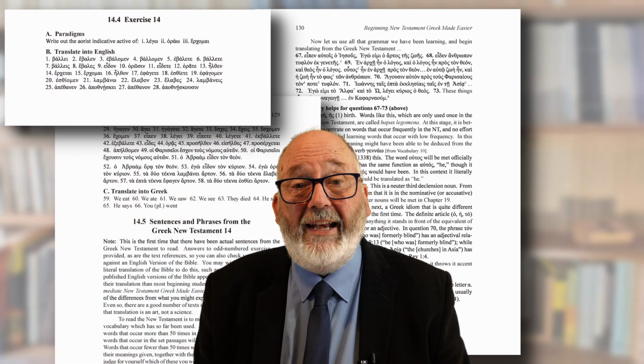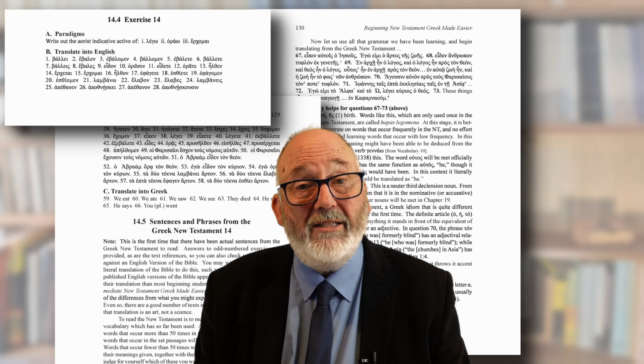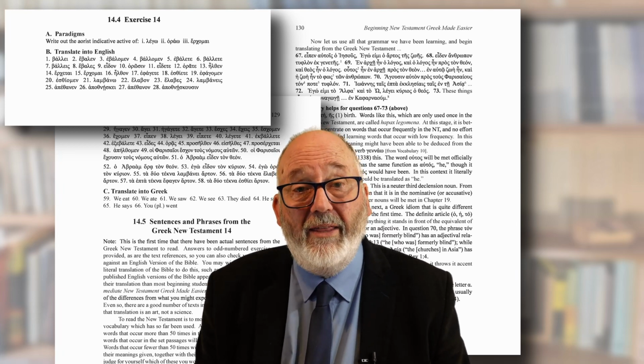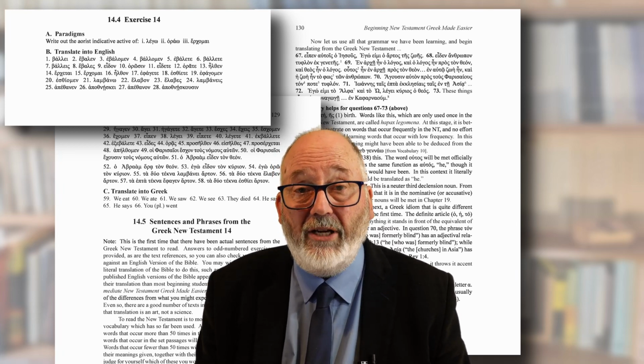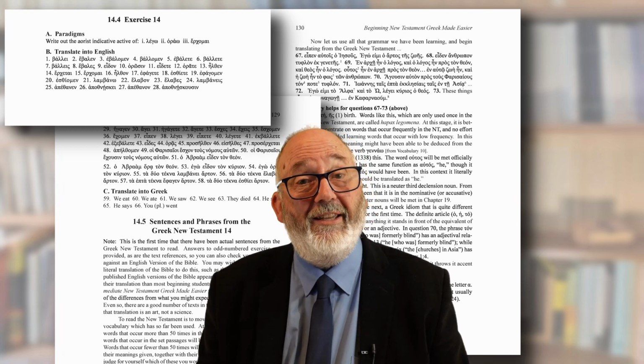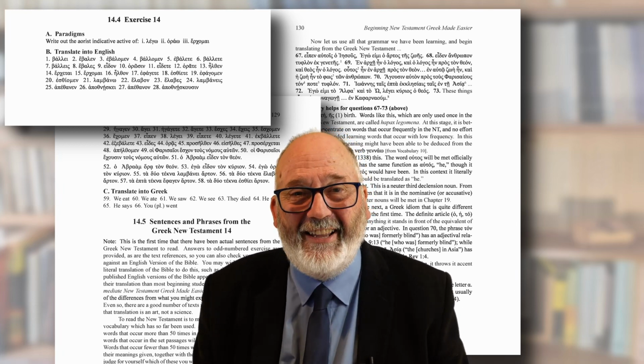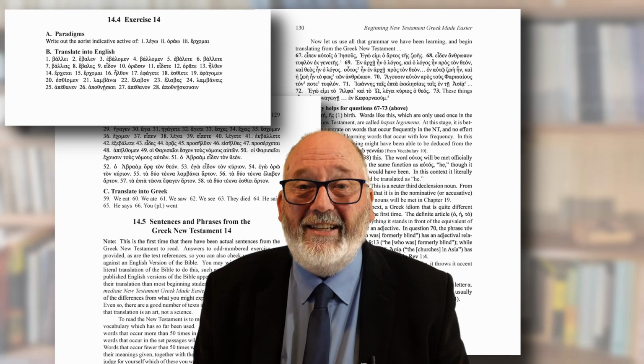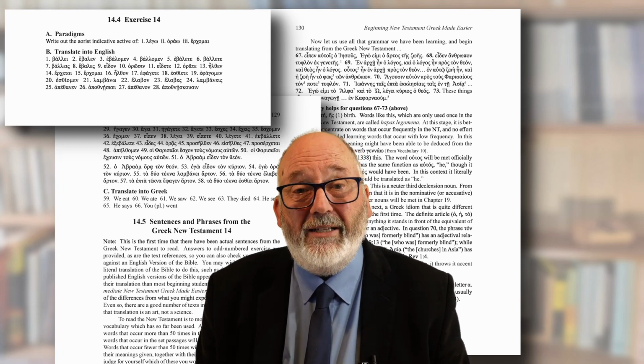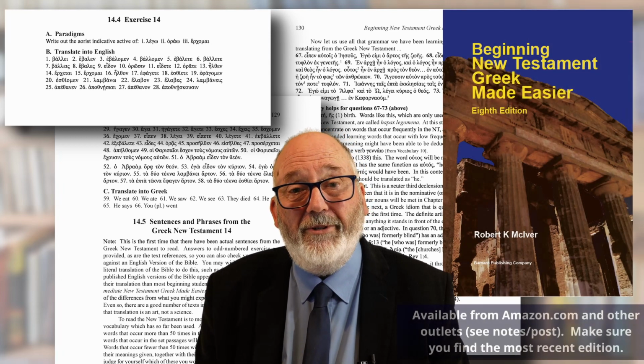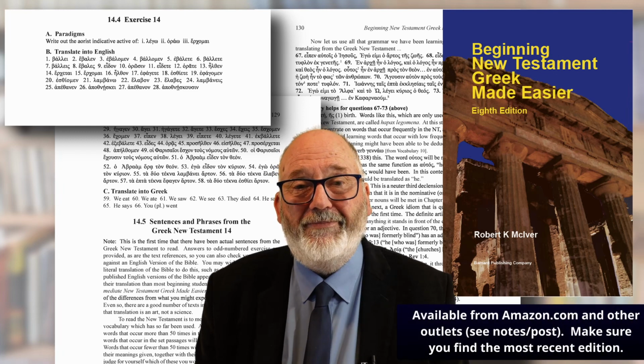If you're looking for a convenient place to find an exercise that provides lots of practice of these aorist tenses that I've shared with you, the strong aorist, or, being honest, the irregular aorist, you will find an exercise in chapter 14 of my textbook, Beginning New Testament Greek Made Easier.